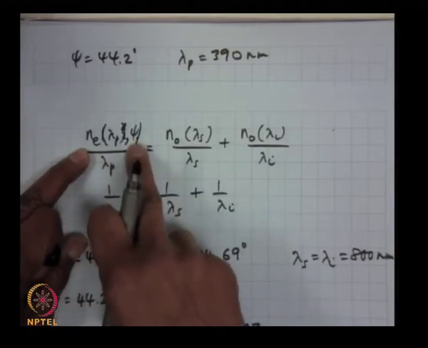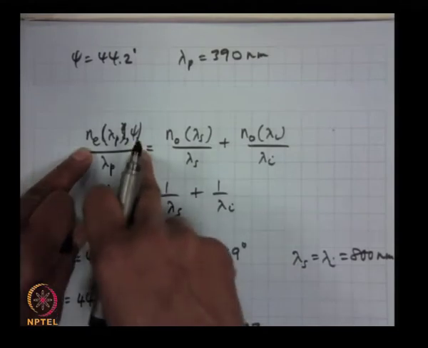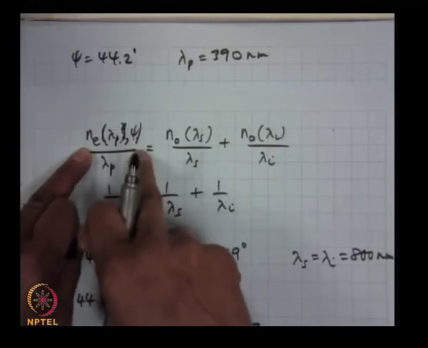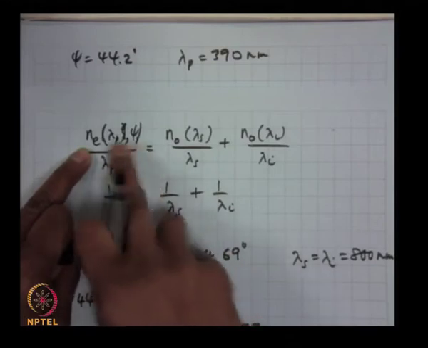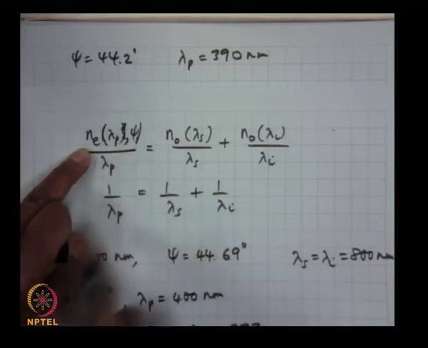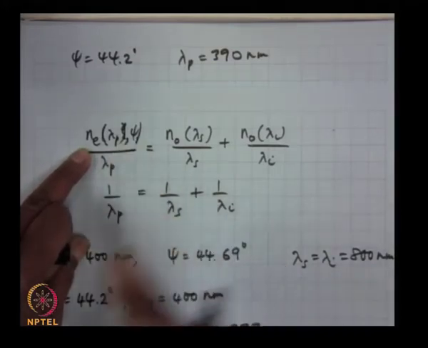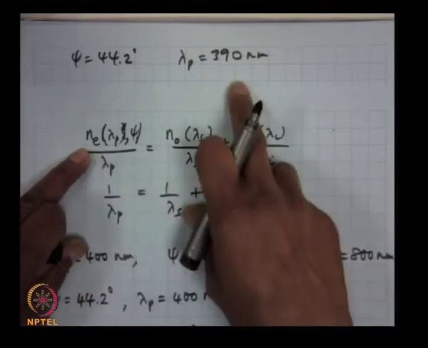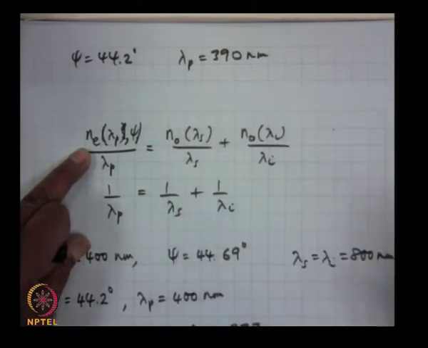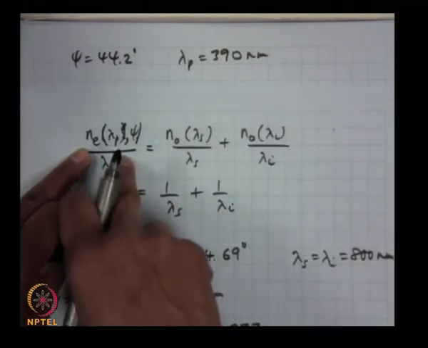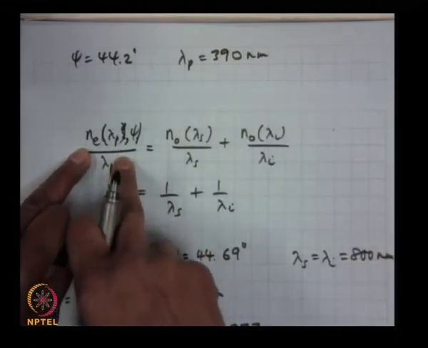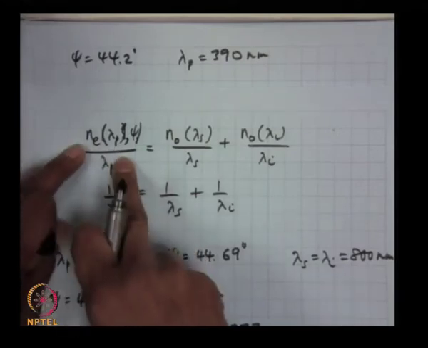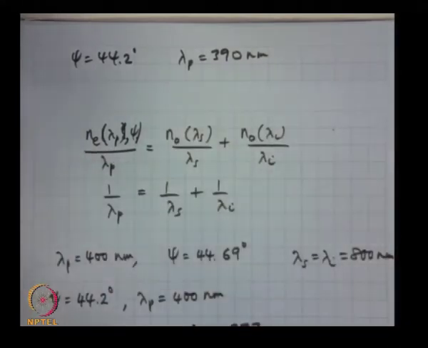Remember, 1 by ne square of psi is equal to cos square psi by no square plus sine square psi by ne square. So as you change the wavelength, the ordinary and extraordinary indices change because of dispersion, and so the index seen by the 390 nanometer wavelength as it propagates along a direction making 44.2 degrees with the optic axis has now changed. If this changes, this pair of equations has to be resolved again.